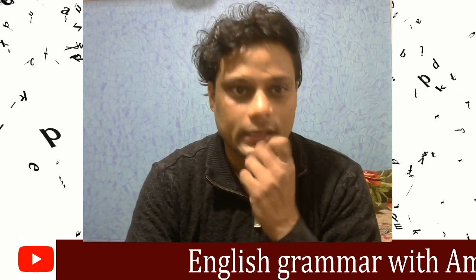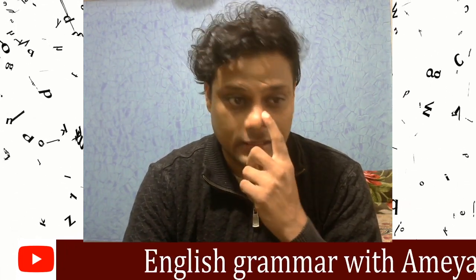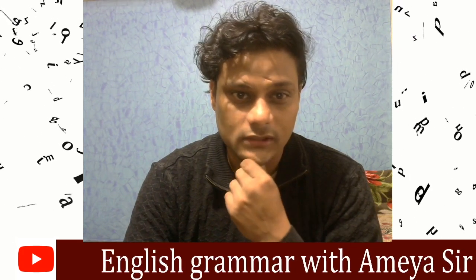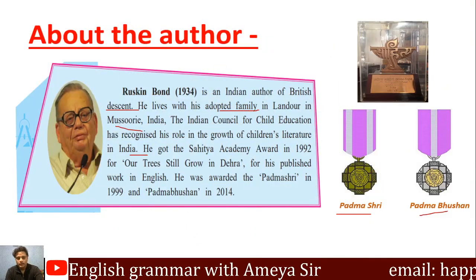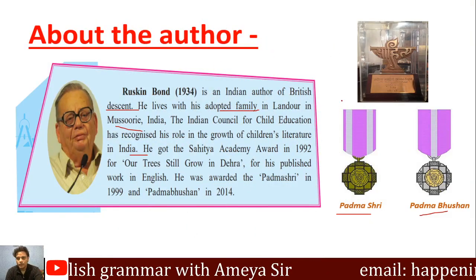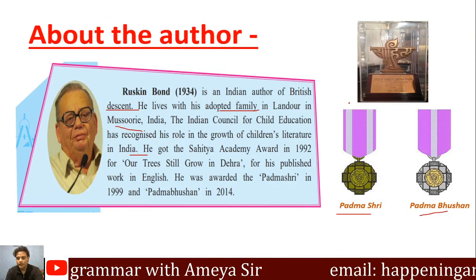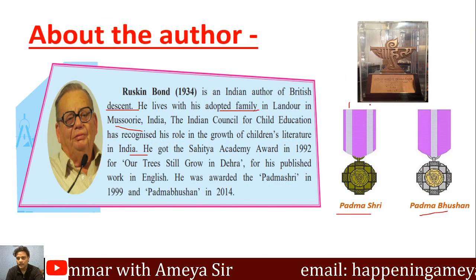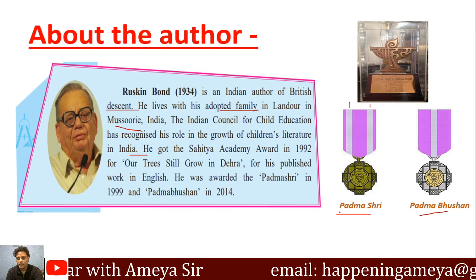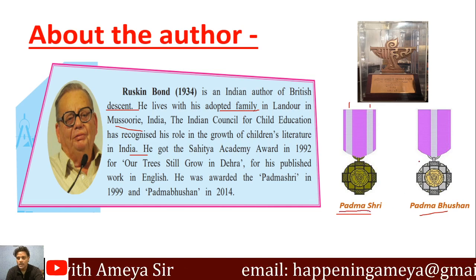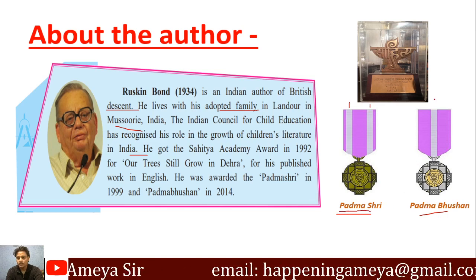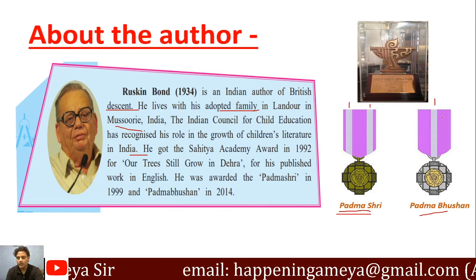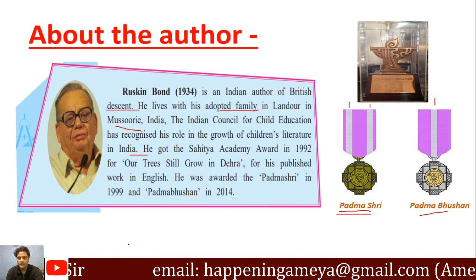Look at the medal. The medals are very interesting in the sense that if you look here, the ribbon is a pink ribbon, and you can see that there is this white stripe here and here. That's typical of Padma Shri. That's how the Padma Shri ribbon is. Now look at the Padma Bhushan. There is a single white stripe and the pink ribbon remains the same.